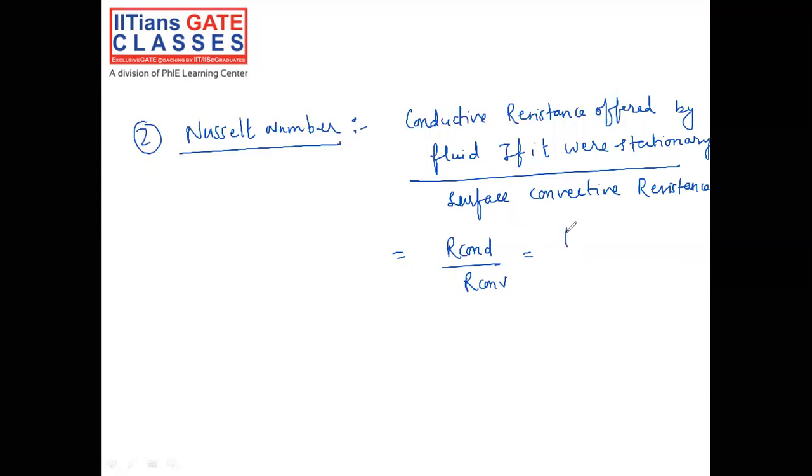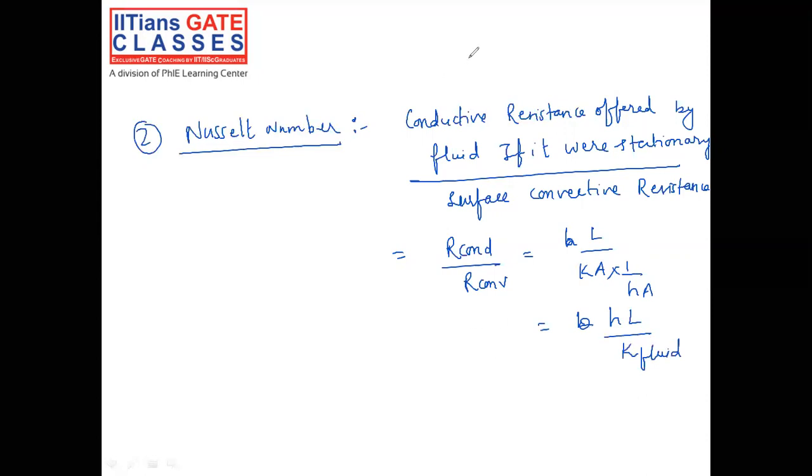We can have R conductive as L by K A, and R convective is nothing but 1 upon h A. So if we calculate, we get h L divided by K, where K is the conductivity of the fluid.